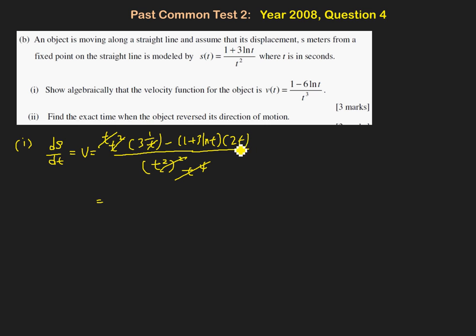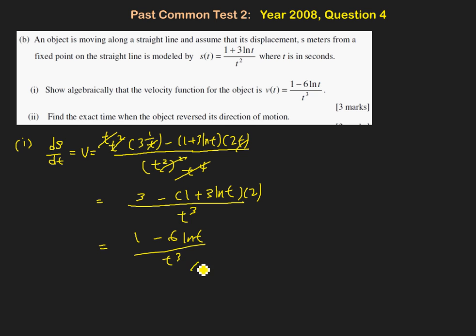Therefore you can simplify all this, and you end up with t to the power 3 as your denominator, and the numerator is 3 within brackets, 3 ln t. You have a 2 here, and if you simplify this, you will get what is required: 1 minus 6 ln t over t to the power 3, as shown.